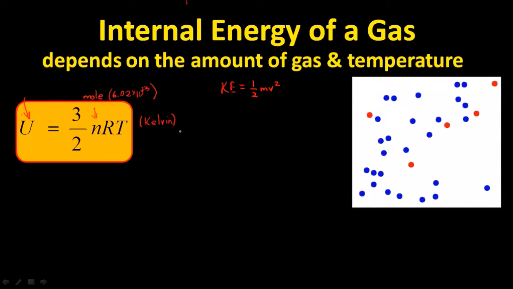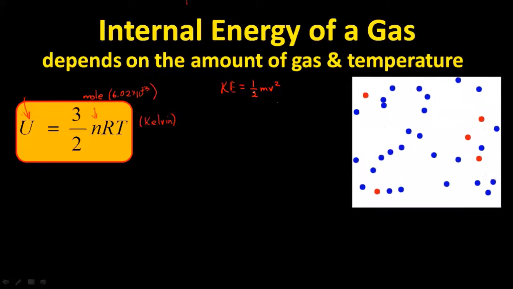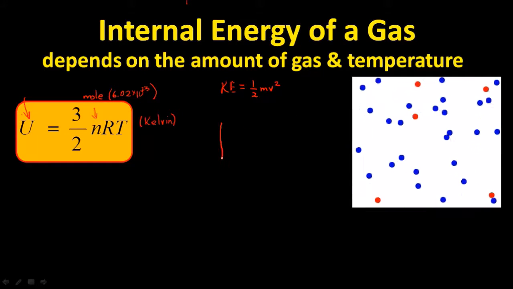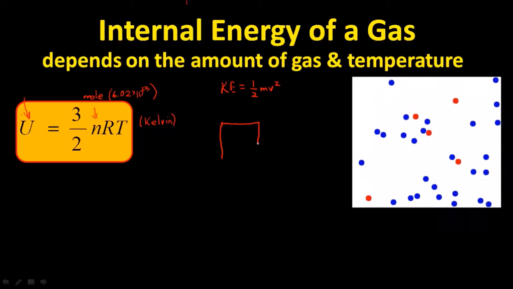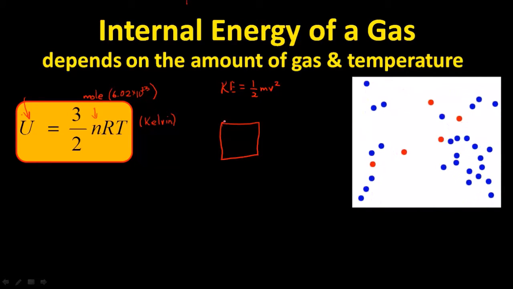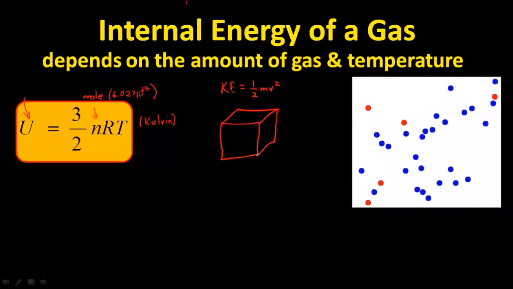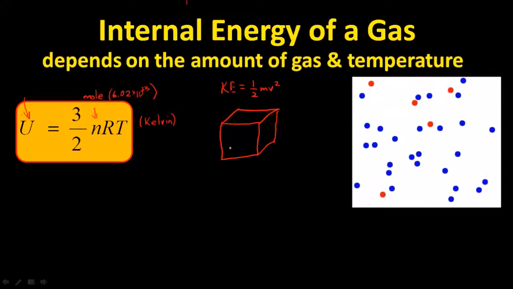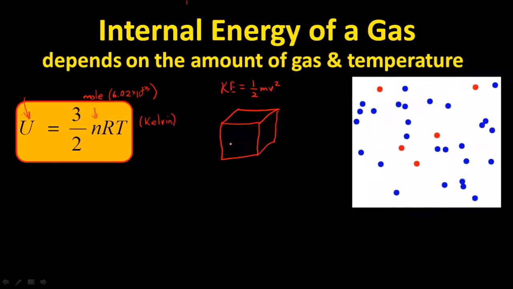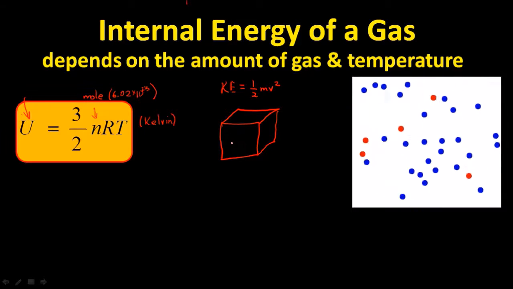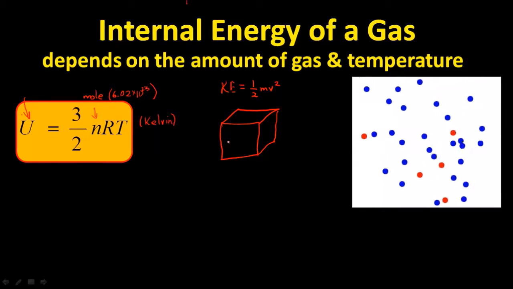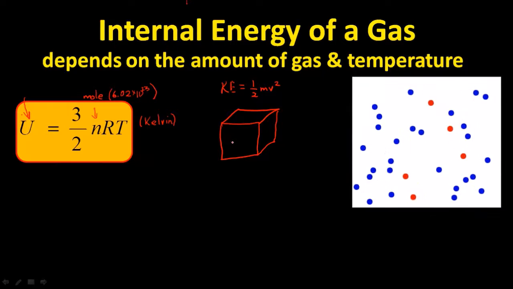Now this formula has the 3/2 factor in it because if you, say, have a container of gas, I'll see if I can draw one here a little bit. Here, we'll make it a box. The particles can be moving in any of three directions. Well, technically they can be moving in any direction, but that direction of motion can be broken down into components in three directions.